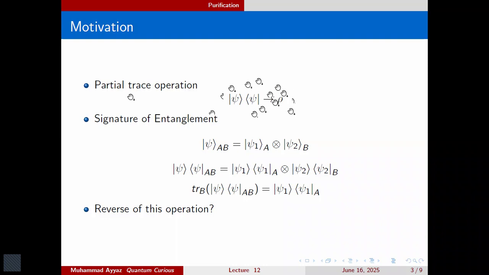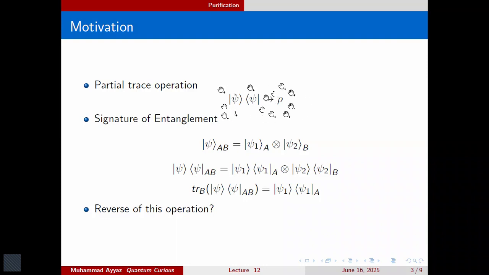It is a reduced state that we get. It is also a signature of entanglement. If we know the whole state, which is pure, and the state we get after the partial trace operation, the state of the smaller system, is a mixed state, then it is a signature of entanglement.